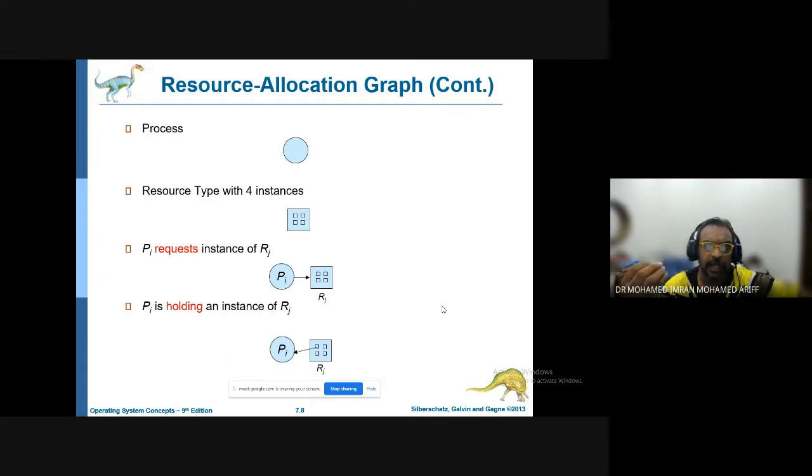An instance means what that resource can do. Or, condition number two, an instance can be another resource. If you have 4 printers, you have 4 resources.